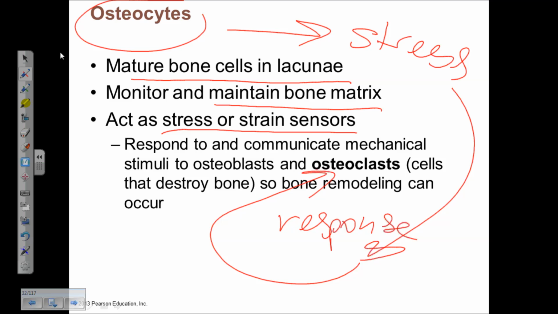Does it make sense? A stress would be obviously like running, or like a jockey on a horse. So what would a strain be? Like if you were straining it. Let's say you do some kind of exercise. Let's say you're weightlifting. You put stress on the femur constantly.